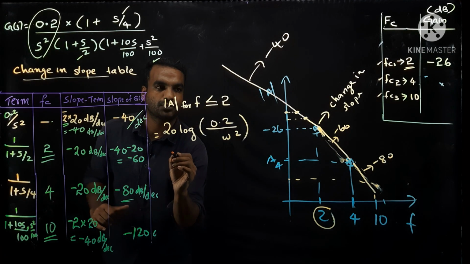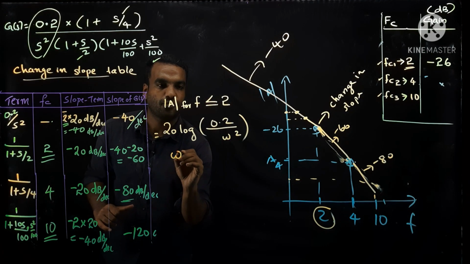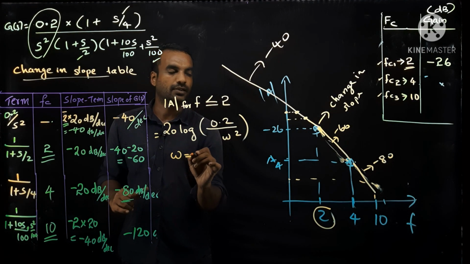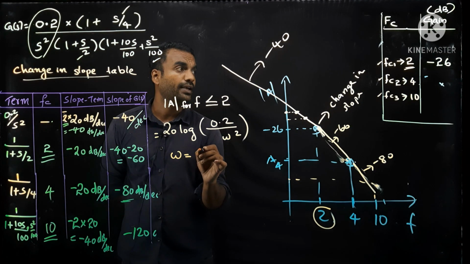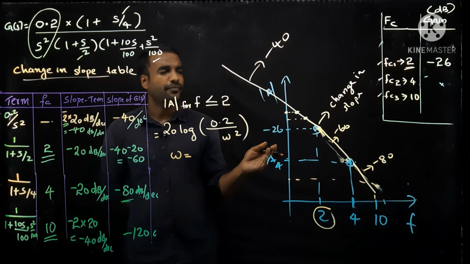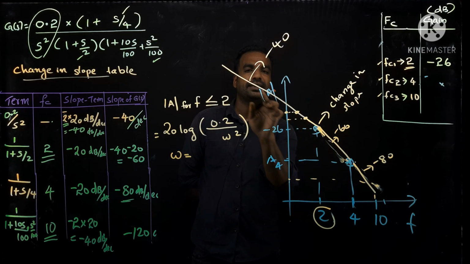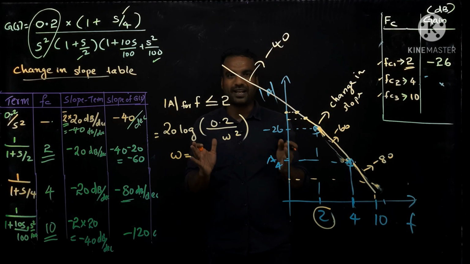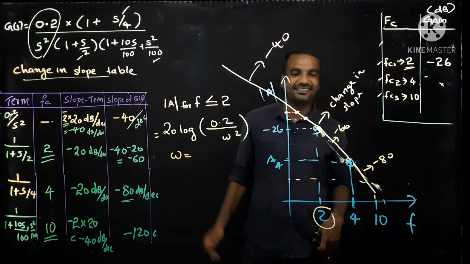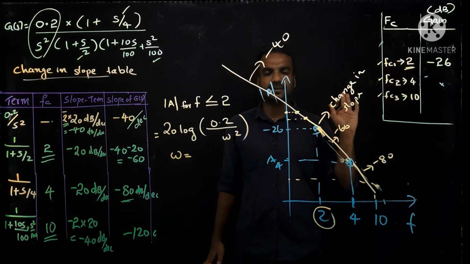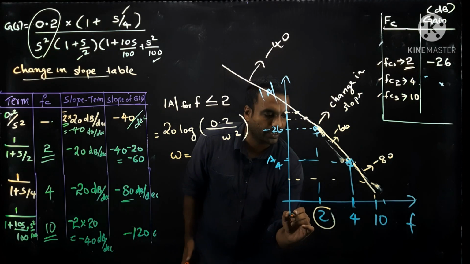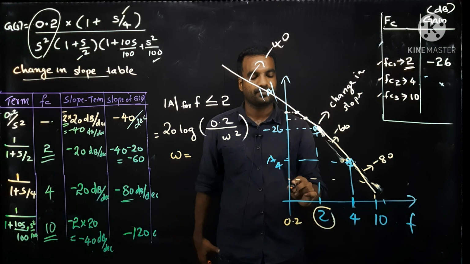Now you are going to substitute f or omega. Omega also represents frequency. Omega is equal to some frequency which is less than 0.2. Then only we can limit the line, because it is a small graph sheet. You can draw like this. You have to limit the figure at some point. So suppose I am going to take 0.2 here.